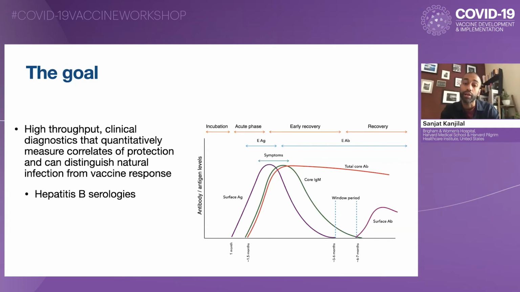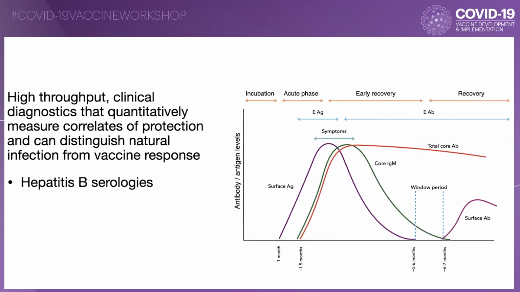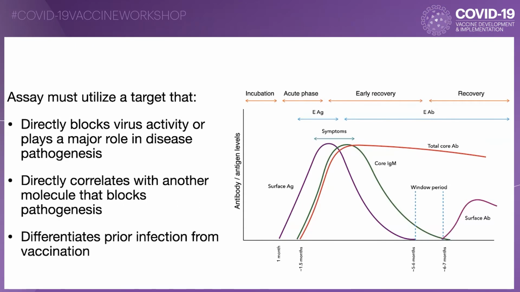And we have a paradigm for this in hepatitis B, where on the right, I'm showing the classic hepatitis B serology graphs, where you can see we can measure levels of antigen and various antibodies to different components of the virus, and use those levels to identify whether a patient is in early infection, chronic infection, or is in a vaccine-induced immune protective state.